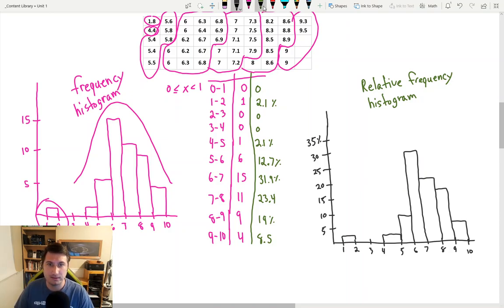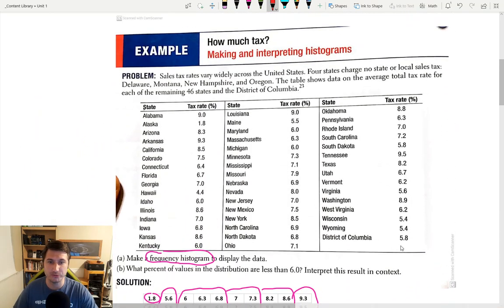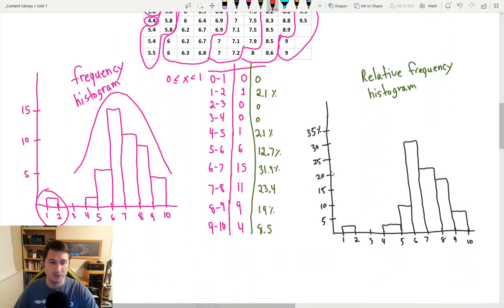Now, I guess in my excitement, I forgot to label these. We should definitely label our axes here for each one. So again, context, context, context. Go back to what are we actually looking at here. So we are looking at sales tax rate.